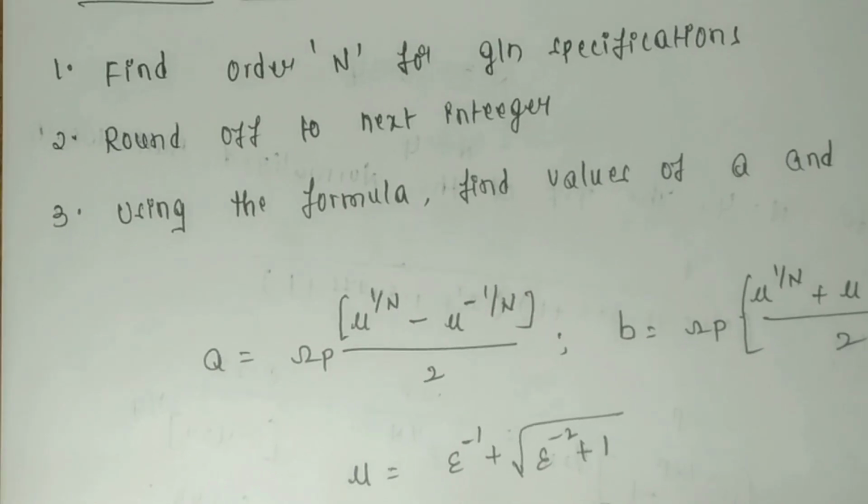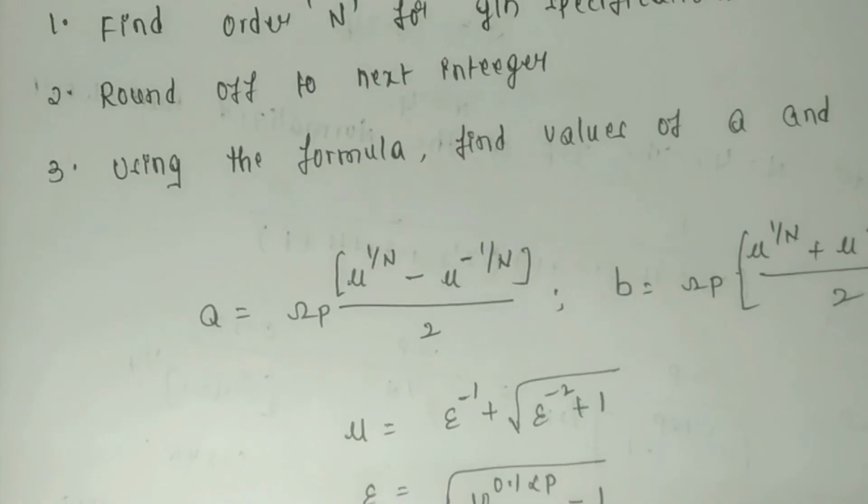Increasing the order of the filter gives you complexity, but it gives you an exact or sharp separation of the cutoff frequency of the passband and the stop band frequencies. That's why we go for increasing the order of the filter.